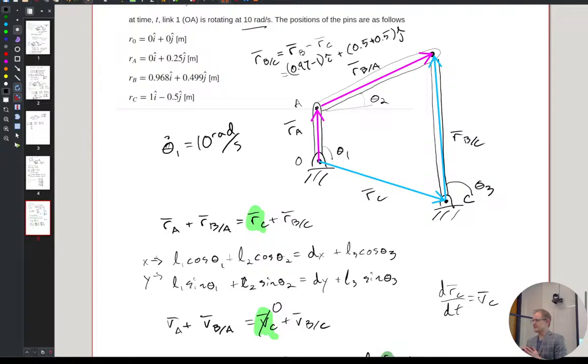Doing relative, just taking the relative position description. Roughly we have 0.5 plus 0.5 in the J direction.